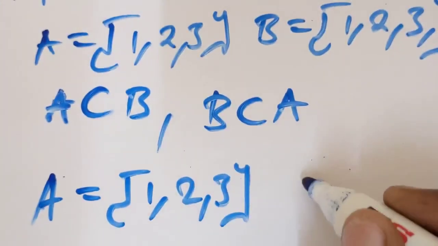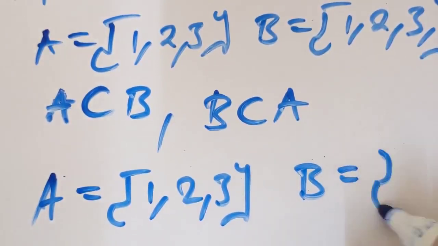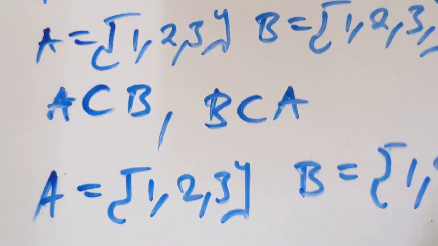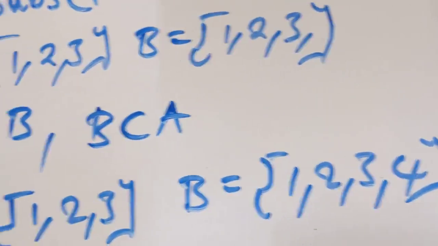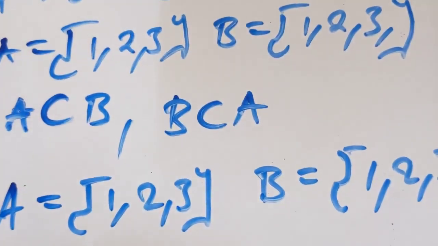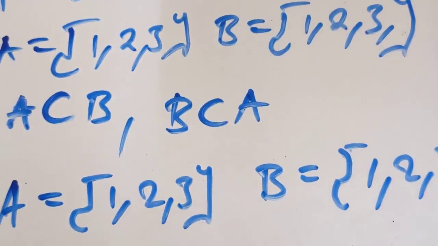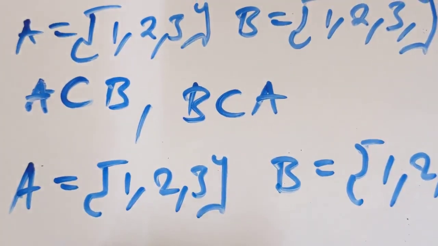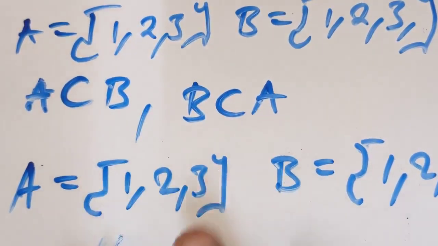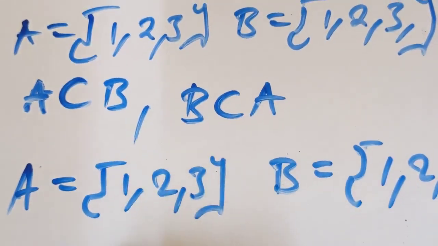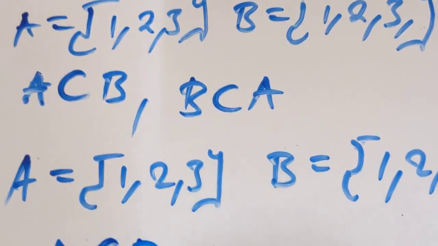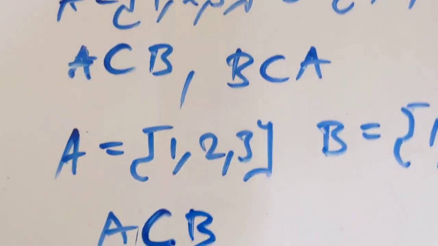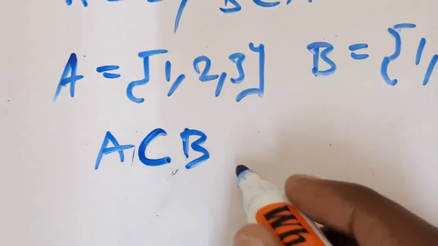Then B, let's say we have 1, 2, 3, 4. So A is a subset of B.